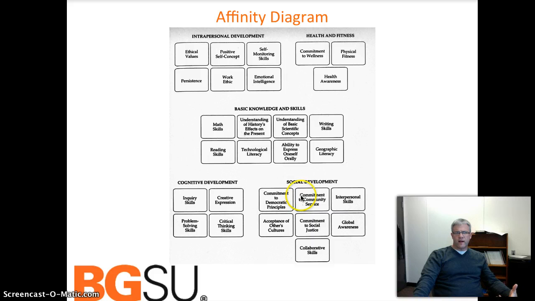So the affinity diagram. This would be like a wall exercise where you give people large note cards and they're writing down ideas, and we're pasting those up, and then we categorize them, right? We're creating categories. These are all related to each other. These are all related to each other. These kind of run together as social development ideas.